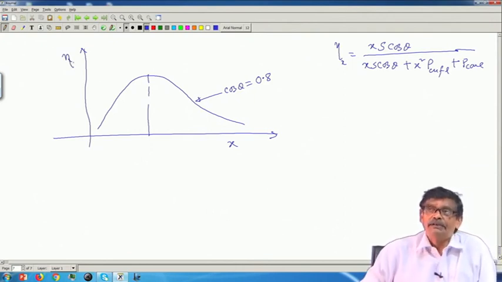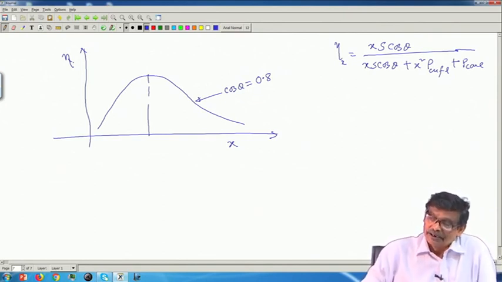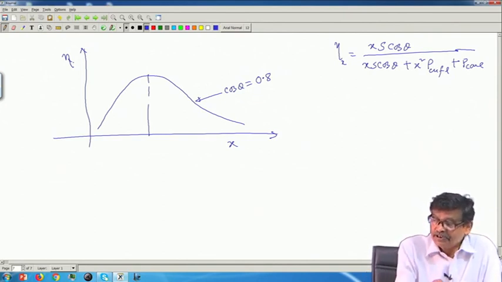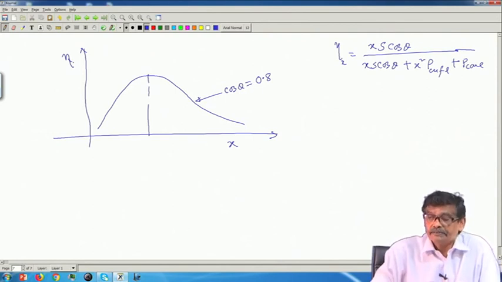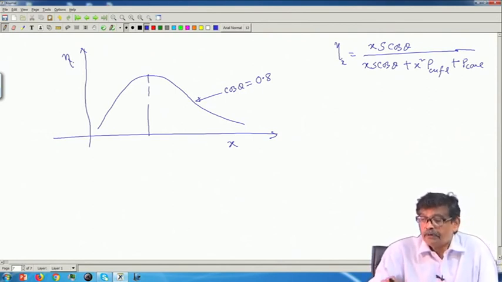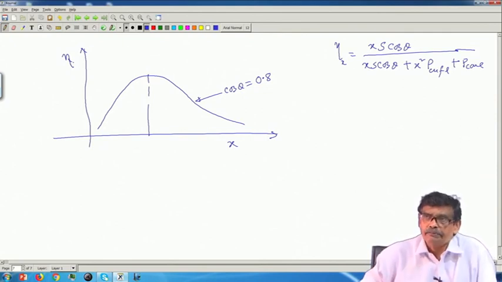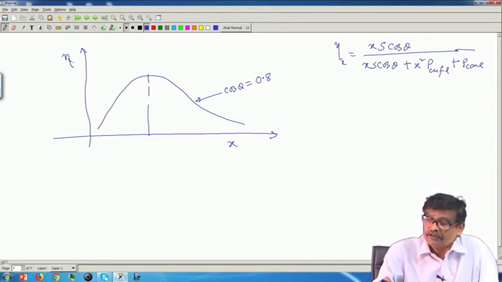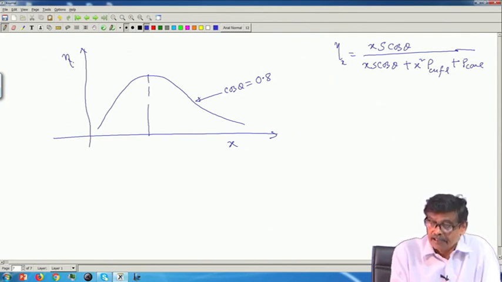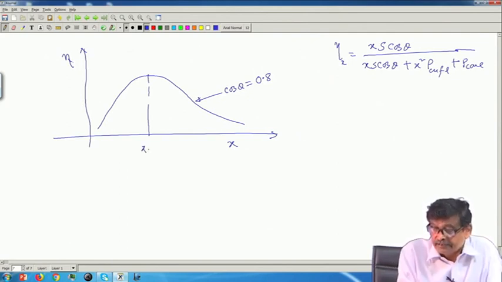Now, the question I will ask you: suppose this is the efficiency versus x curve at power factor 0.8, largely it does not matter. At a given power factor 0.8, this is the curve and this is the value of x. What is that? That is square root of P core by P copper full load.